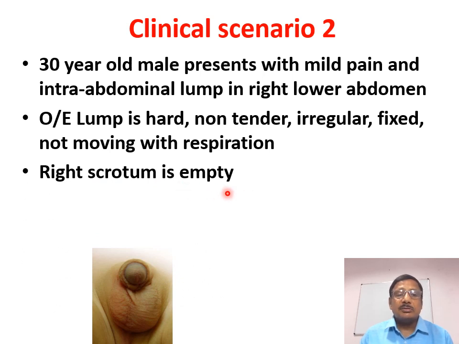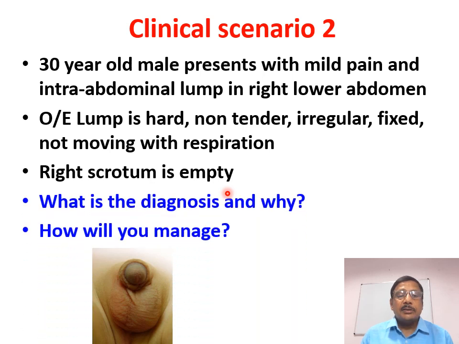Now you understood what complication has developed? The patient has developed malignancy because of undescended testis. And which type of malignancy? Testicular malignancy. Which type of testicular malignancy? Most commonly seminoma. How will you manage? You will manage as per the protocol of testicular tumor.